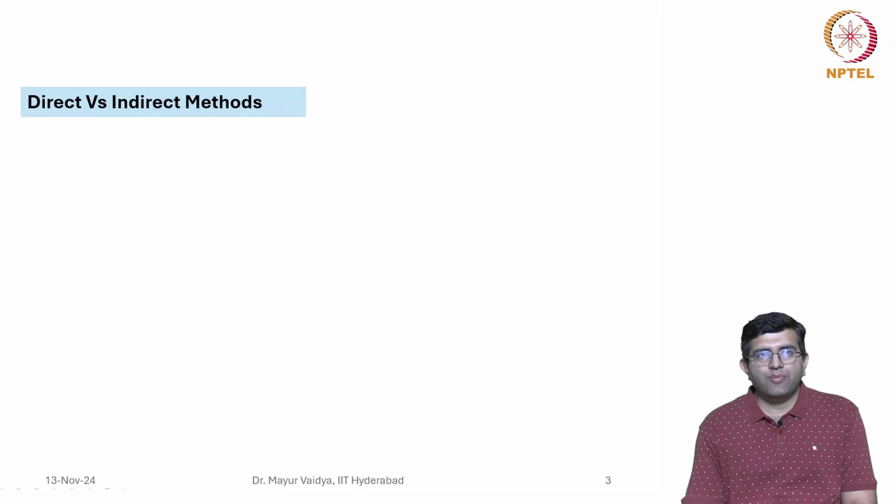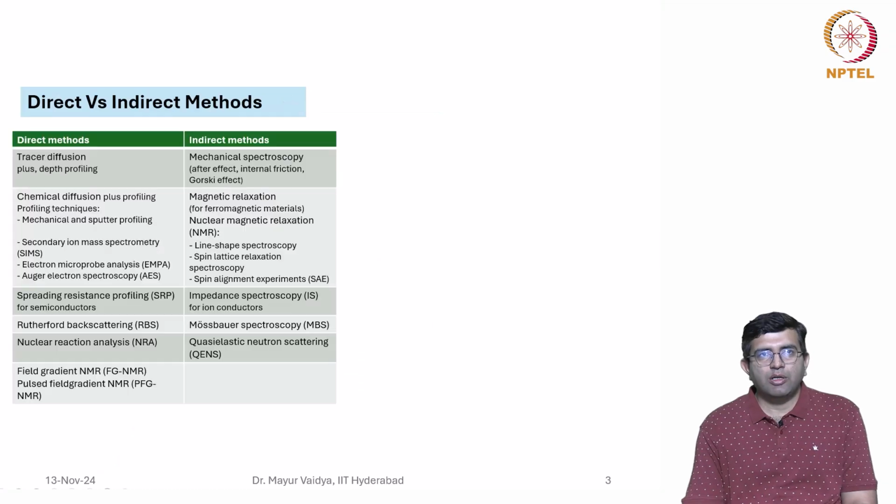Let me give you some names here. These are listed here. Tracer diffusion plus depth profiling, then interdiffusion, resistance profiling, nuclear reaction analysis, NMR, these come under the direct methods.